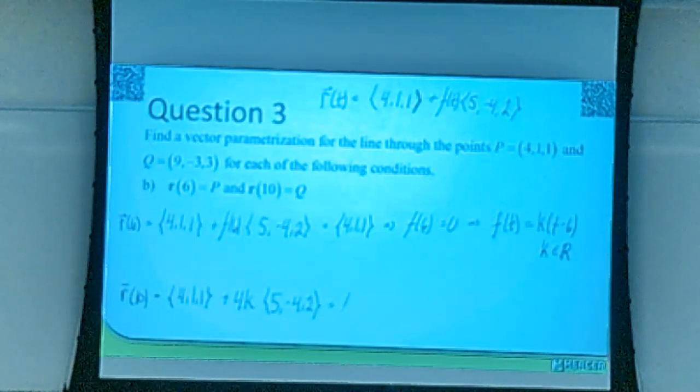And that has to equal Q. Again, it should not be difficult to see that 4k is going to wind up being 1. Means k has to be a quarter. And that would then be your f of t.